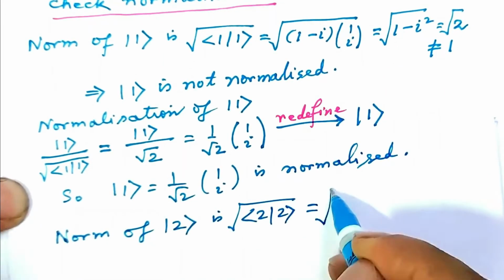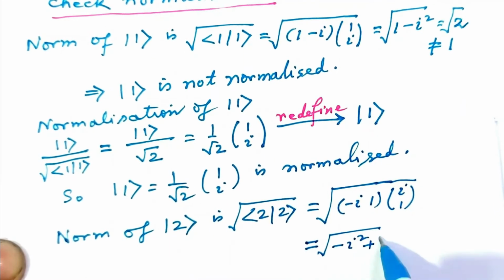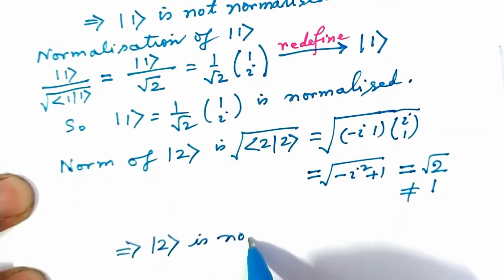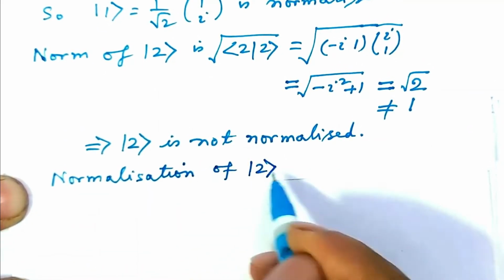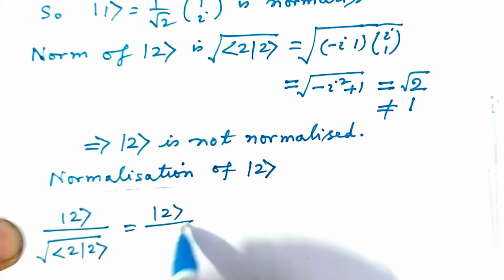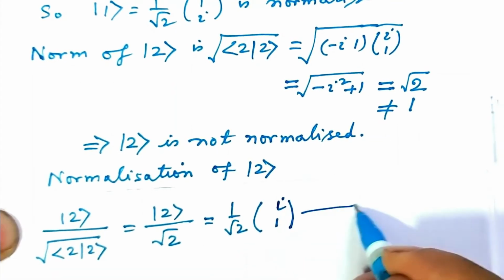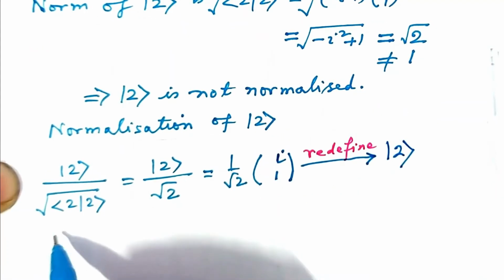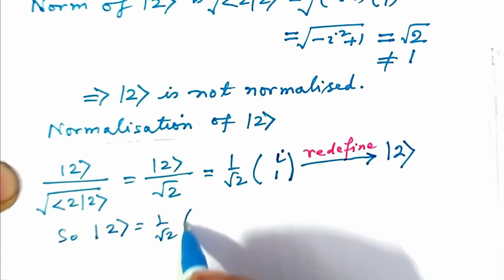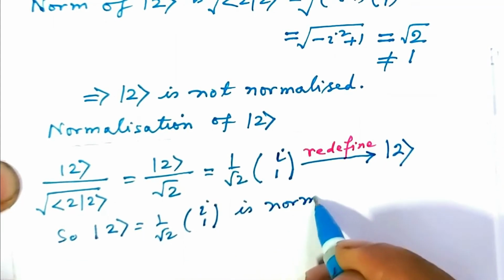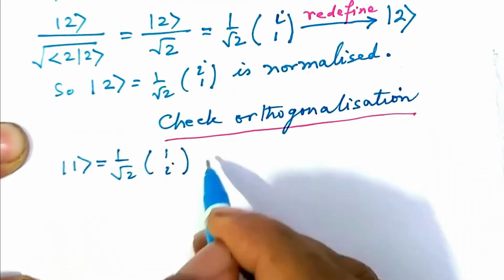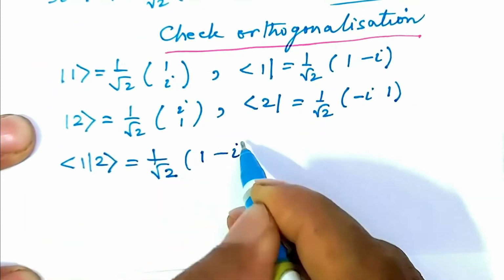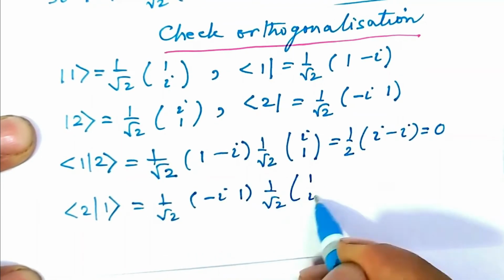Norm of ket 2 is also found to be root 2, not unity, so ket 2 is not normalized. We normalize ket 2 by dividing it by its norm root 2 and redefining the new ket as ket 2. So ket 2 equal to 1 by root 2 into column i 1 is normalized. We next check orthogonality by finding bra 1 ket 2 that gives 0.